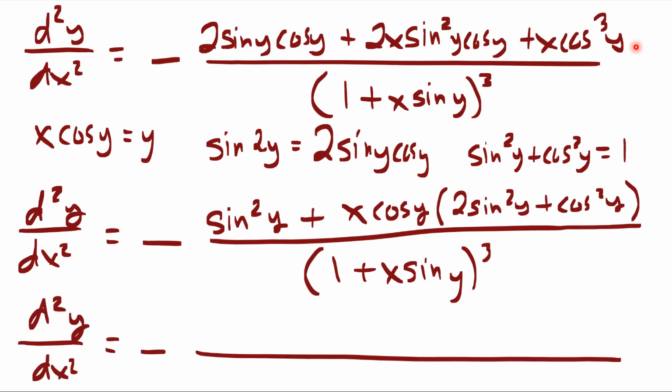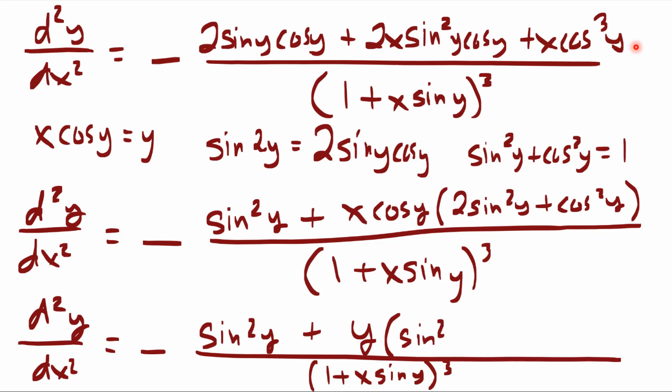I'm going to leave the denominator exactly the same as is. Sine 2y over here, plus now this has just turned into a y. There's my original function. And now how are we going to play the game inside our parentheses? I think I'm going to separate the sine squared y's away from each other. Remember, because I have two of them, right?